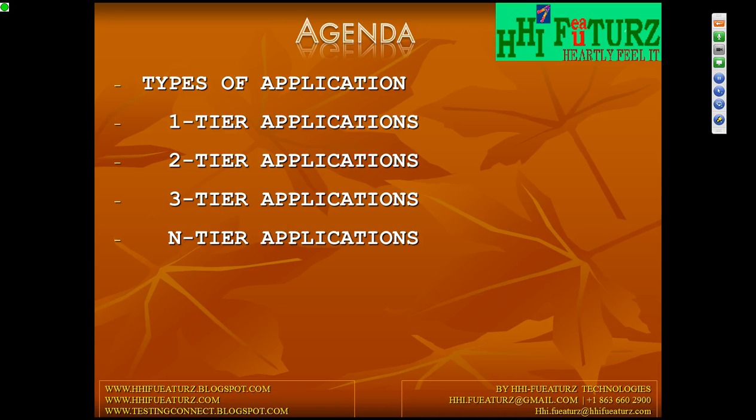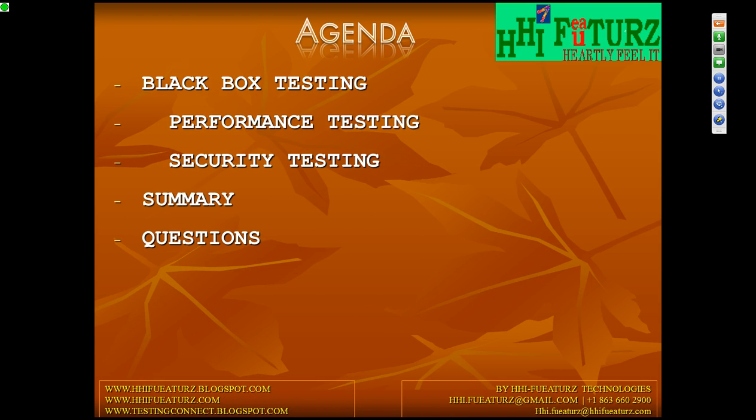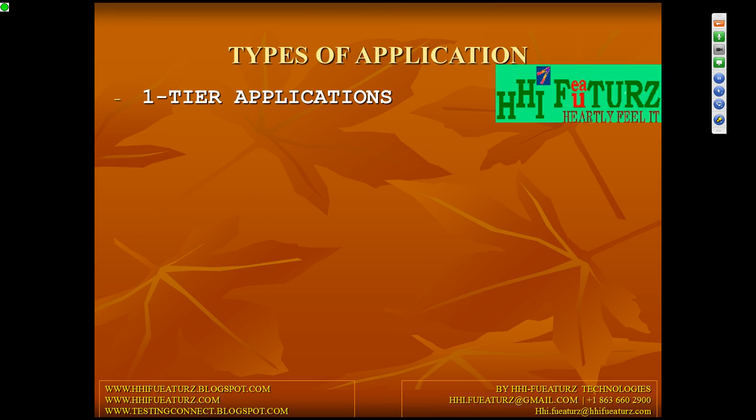One tier is one layer, n tier is n layers. In your IT industry, in your computers, every application you come across falls under one of these categories. So we look at those.